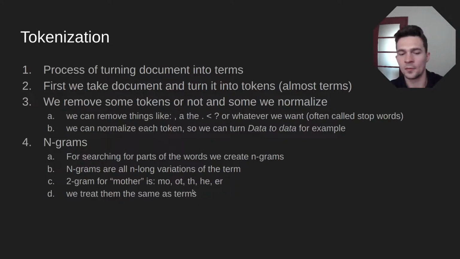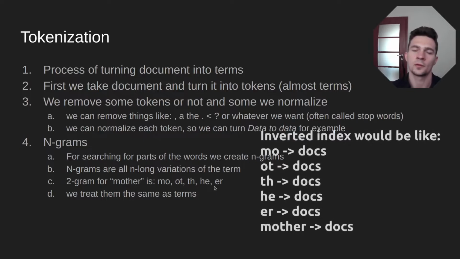So besides mother, we would have all of these parts of the words, so n-grams of this word, in our inverted index, so that we can do fast lookups also on the parts of the words, not only on the single word.